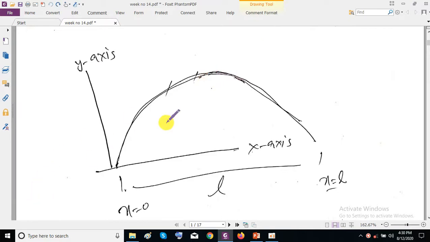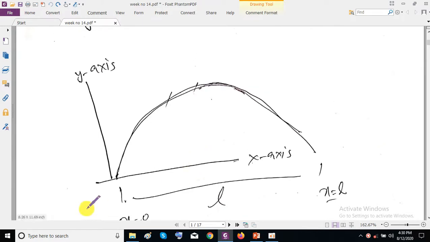This is the y-axis and this is the x-axis, and this is the representation of a wave. If we leave it free, it behaves like a wave. So this is how we construct a wave equation from a string.